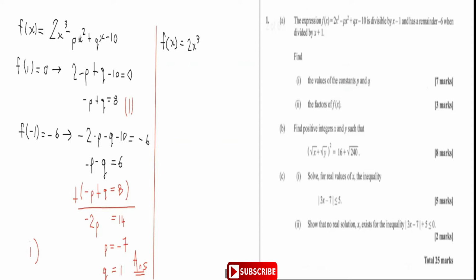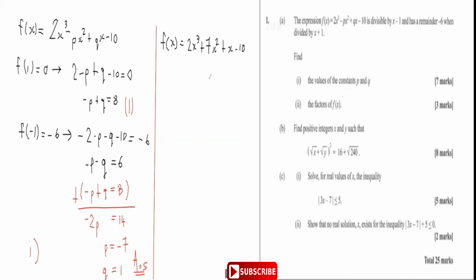Instead of writing minus px squared, it is actually minus negative 7, which becomes plus 7x squared, plus qx, but q is 1, so it's just plus x minus 10. All right, so this is f of x.